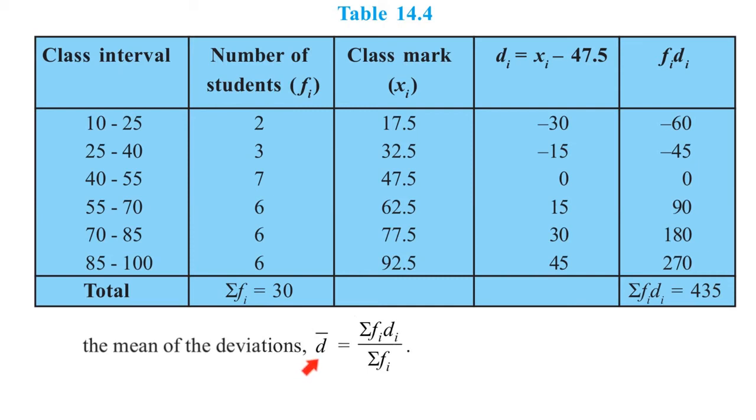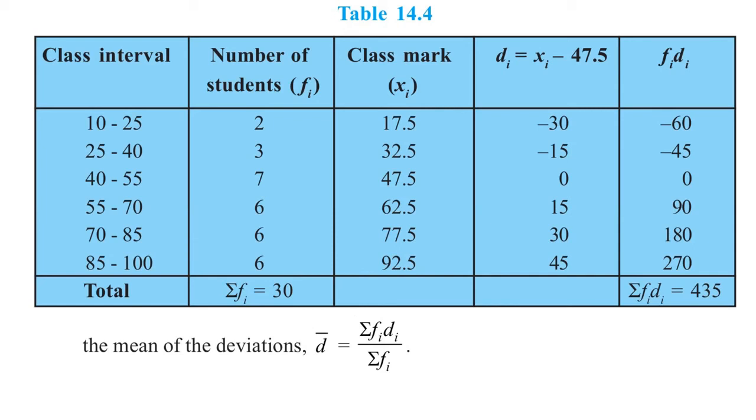This is the mean of the deviation. It is not the mean. So we need to find the relationship between the mean and the deviation now. In order to find the relationship between the mean x bar and the mean of the deviation D bar, what did we do?